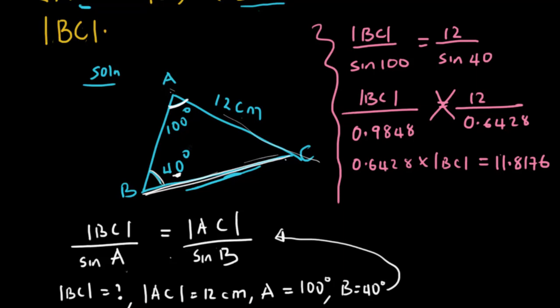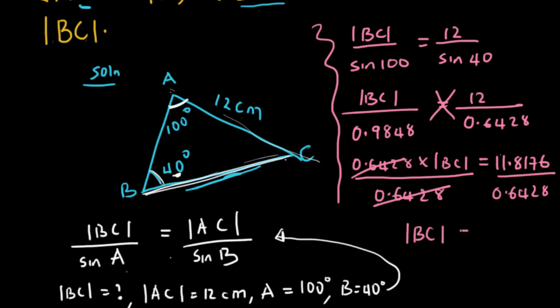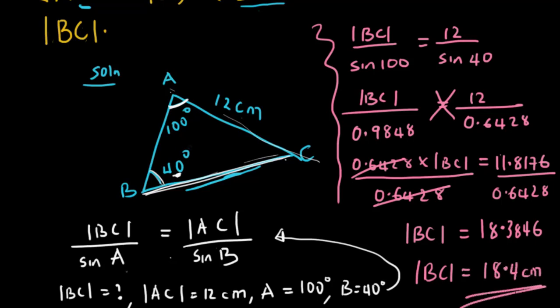To find line BC, we divide both sides by 0.6428, so this cancels this. We are left with line BC equals 11.8176 divided by 0.6428, which is 18.3846. If we are told to take it to one decimal place, BC equals 18.4 centimeters, and this is our answer.